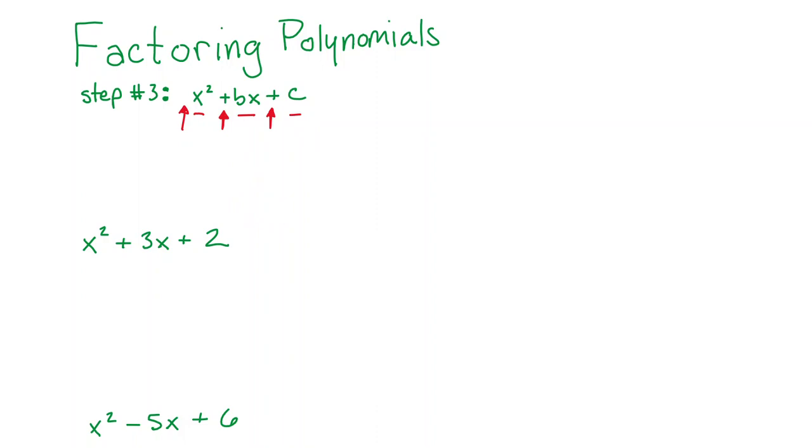Well, let's think about this first. Let's think about kind of what we're trying to get. We're trying to get a pair of binomial factors, x plus, let's say, m times x plus n. Now don't get freaked out about using all these n's and m's.